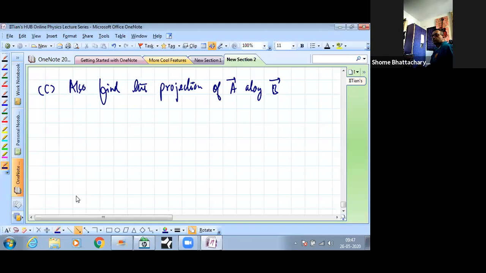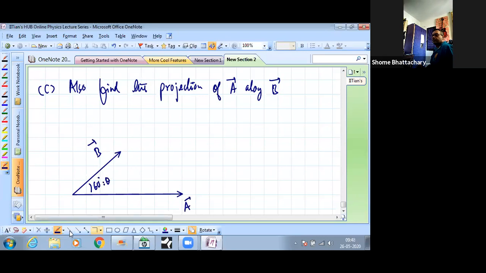Okay. So if our vector A was lying like this, and vector B was like this, theta was 60.